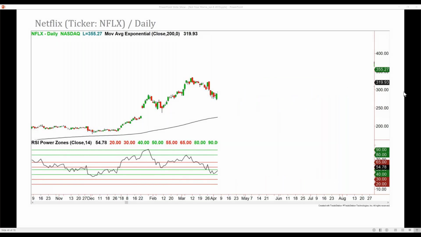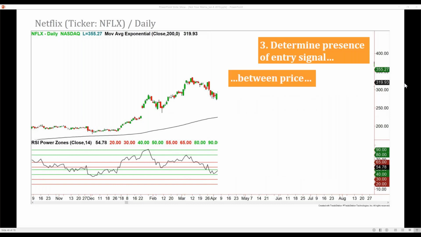Now, step 3 is to actually go in and identify that signal, determine the presence of an entry signal between price and momentum. What I've just highlighted for you here is a bar to bar signal, very, very close times of occurrence. The first yellow highlight, this large bodied red candle, has an RSI value.